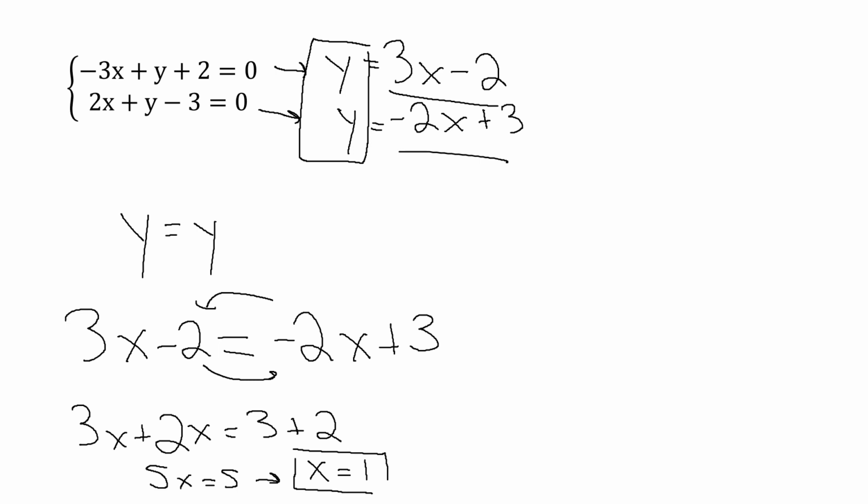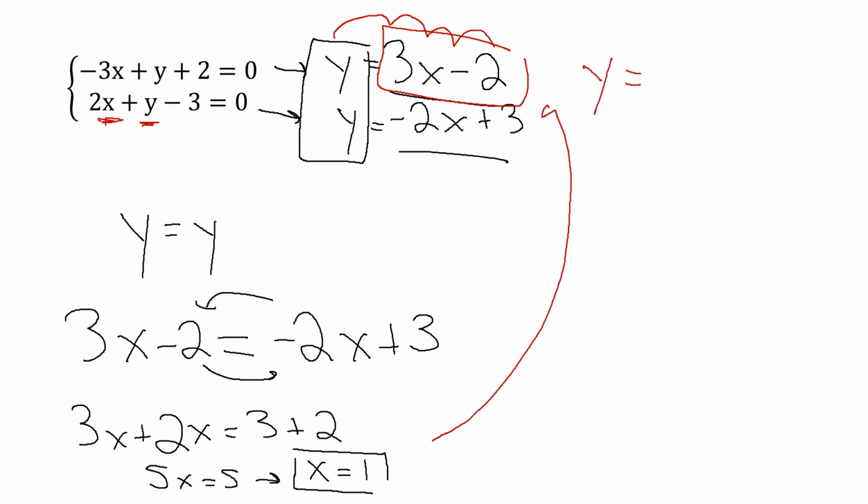Now, I'm not finished because I have an x and a y, and I need to solve for both of those things. If I know x equals 1, and I know y equals 3x minus 2, I can plug that value in here and solve for y. Y equals 3x minus 2.